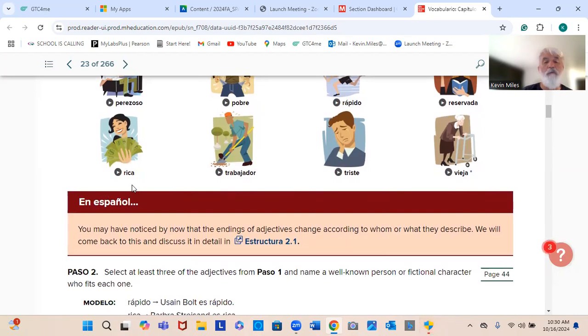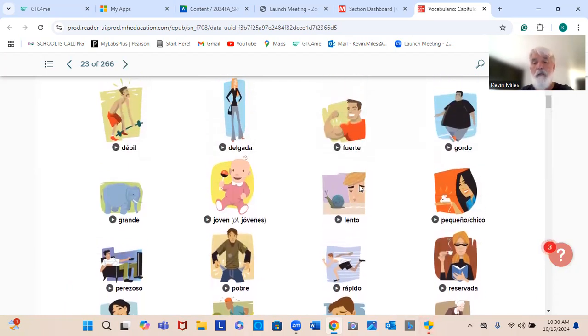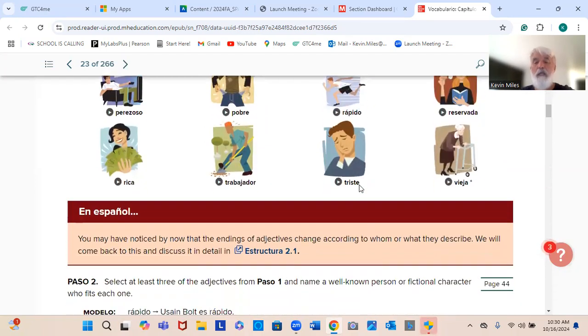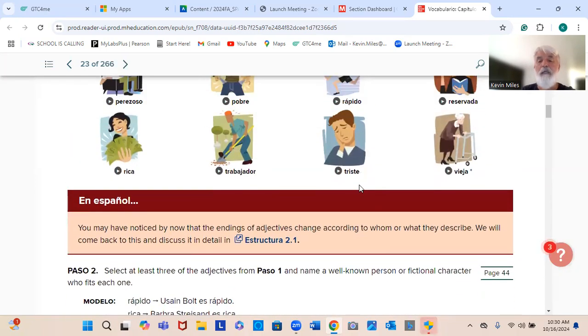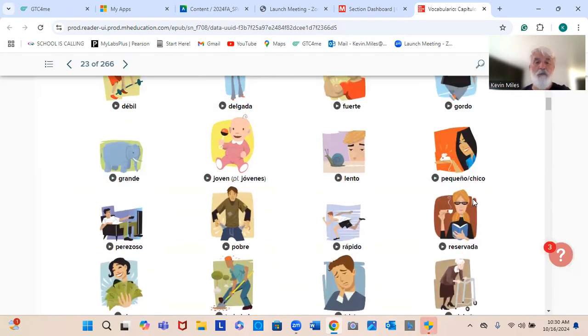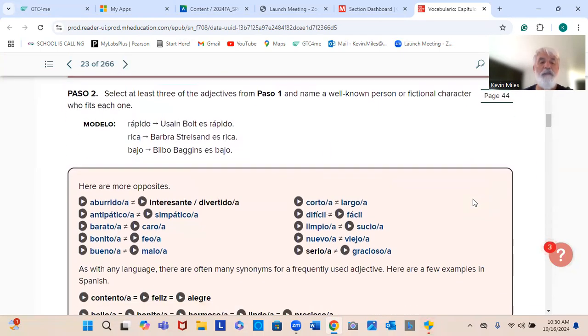Rica or rico, rich. Trabajador, hardworking. Triste, sad. So triste is sad, and contento or feliz is the opposite, happy. Viejo, vieja, old, and we had young, which is joven. So make sure you're familiar with these and their opposites.